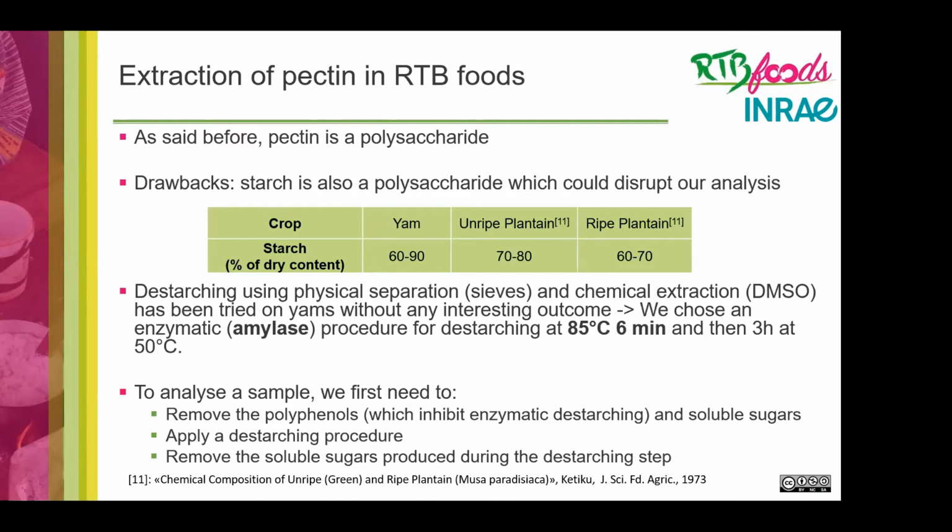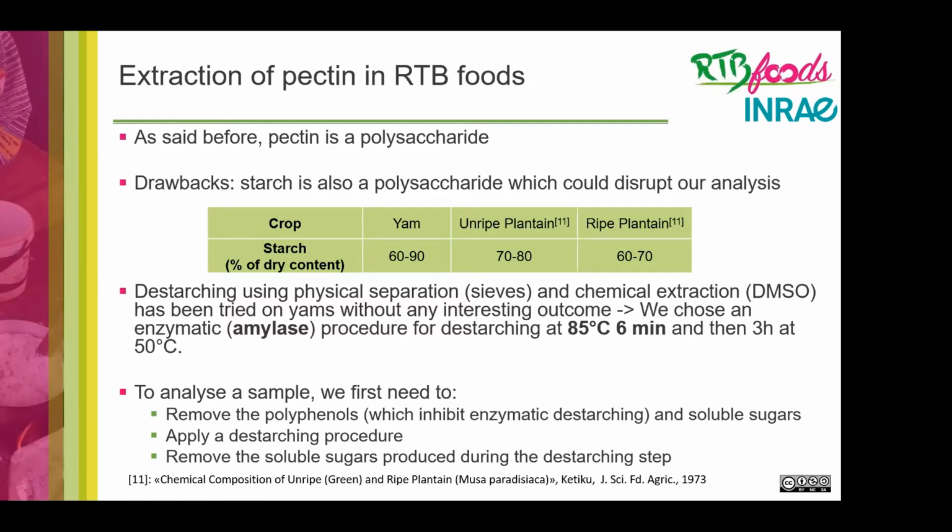That's why we need to distarch it. We tried using physical separation, like sieves, but it didn't work. We tried chemical extraction with dimethyl sulfoxide, and it did not work. And we finally chose an enzymatic approach using amylase to distarch our product with a two-step heating procedure, first 6 minutes at 85 degrees and then 3 hours at 50 degrees.